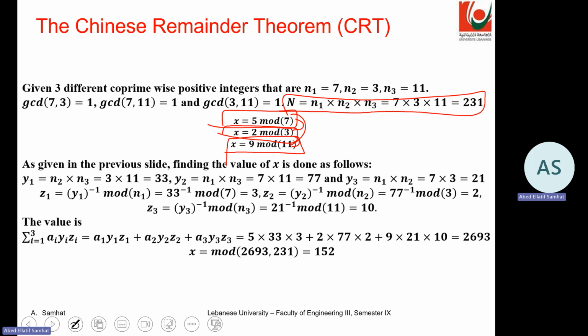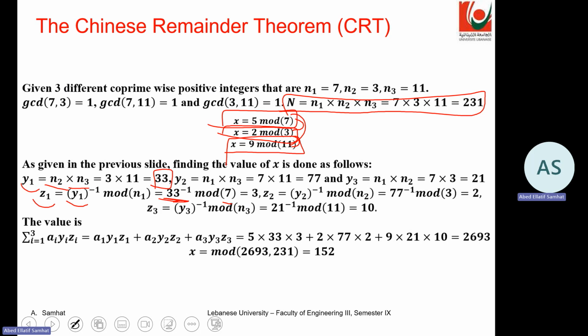As we follow, we construct yi equal to n over ni, so y1 equal n over n1, which is n2 times n3, equal to 33. After that, we calculate z1 equal to the inverse of y1 modulo n1, which is the inverse of 33 modulo 7. This means: what number do we multiply by 33 so that the remainder is 1 modulo 7?